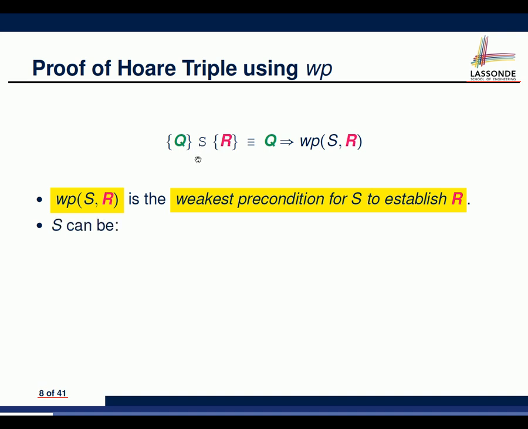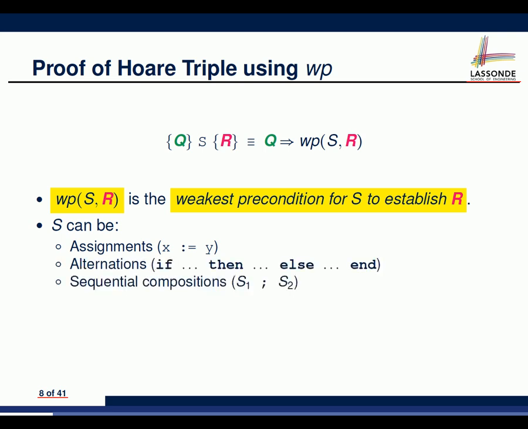So S can be assignments, which we'll do right away. Assignment is the simplest case, or it can be alternation or conditionals, if then else, or it can be sequential composition. In the case of Java, you simply got a semicolon, where you want to say do this, and after that, do another thing. In Python, simply hit enter, just a new line. And then loop will be something we'll focus on Thursday, okay?